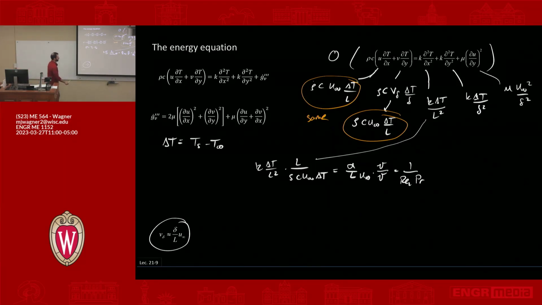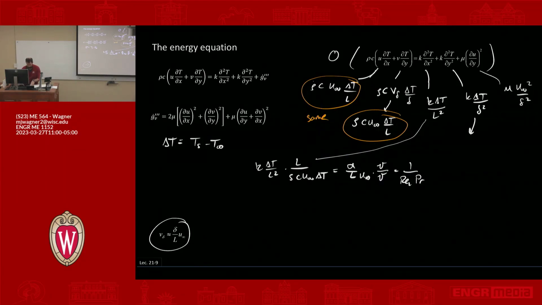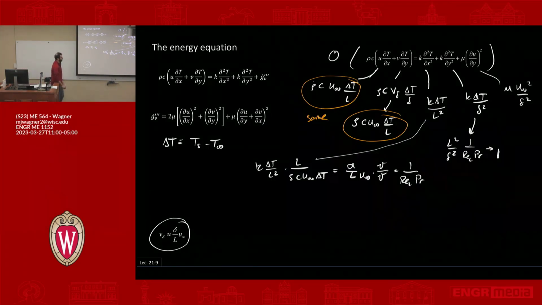So the order of magnitude of that is 1 over Reynolds Prandtl, probably small. We can do something similar for this term here. I'll just tell you what the result is. It becomes L squared over delta squared times 1 over Reynolds Prandtl, which again is approximately 1. Big number times a small number.